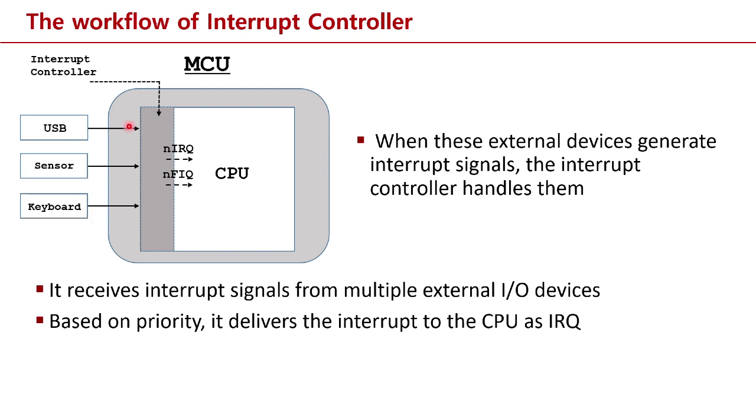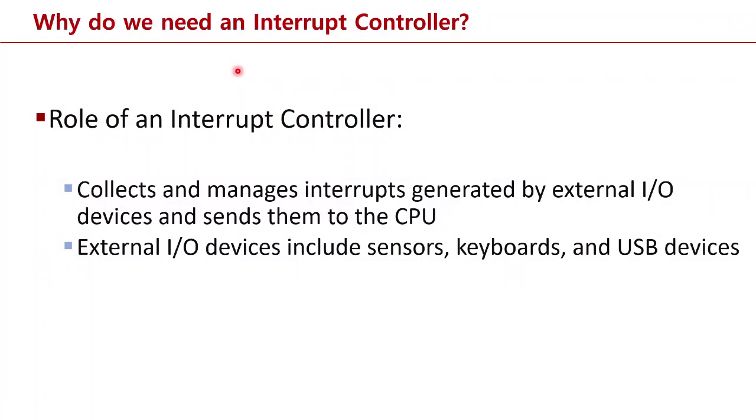In summary, let's understand the feature and role of the interrupt controller. The main job of the interrupt controller is to collect and manage the interrupts generated by external I/O devices and send them to the CPU processor. The external I/O devices could be sensors, keyboards, and USB devices.